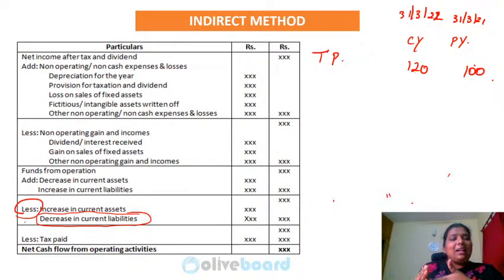But at the same time, I have taken the goods on credit, which saved my working capital to that extent. That is the reason we are adding it. The 20 rupees we are increasing in the current liability, we are adding it. This is the logic behind it.